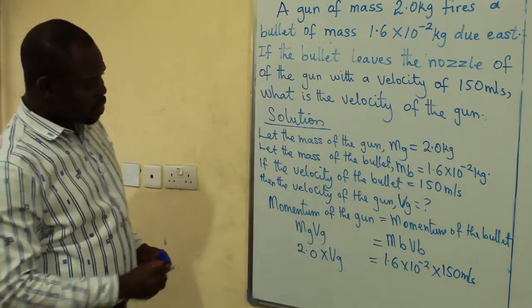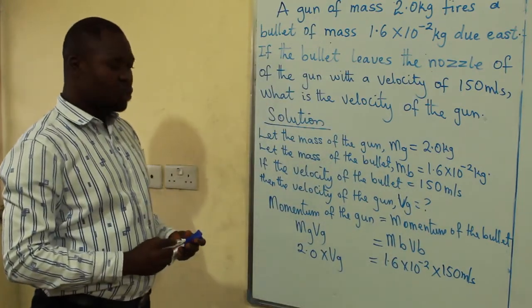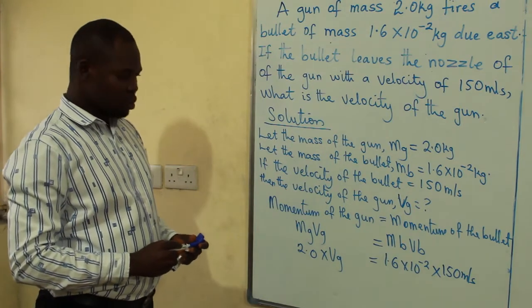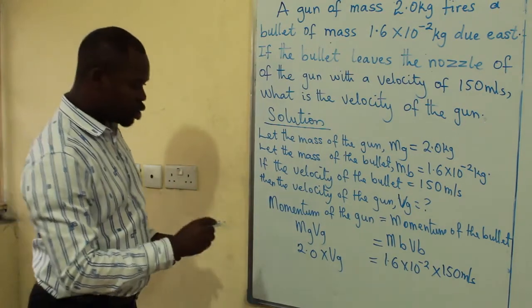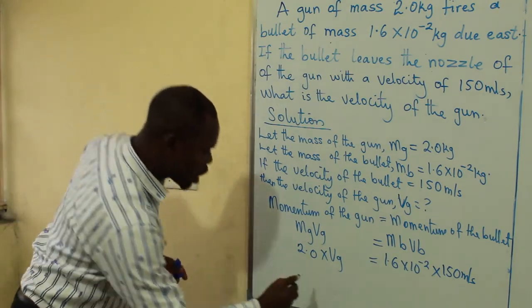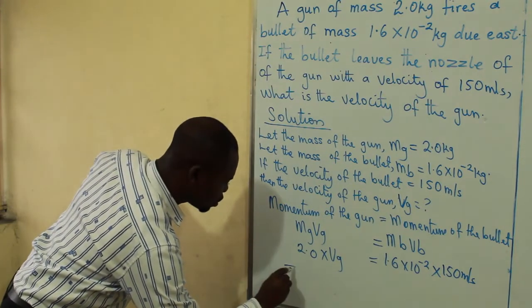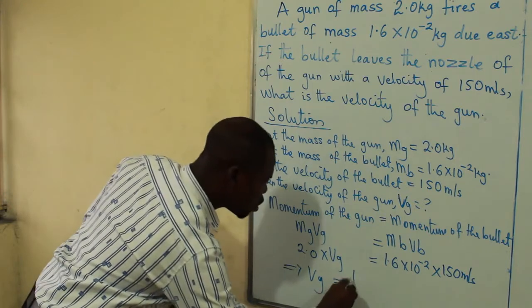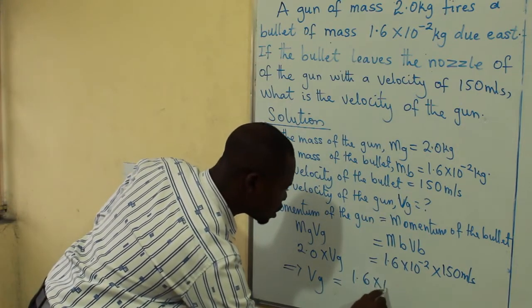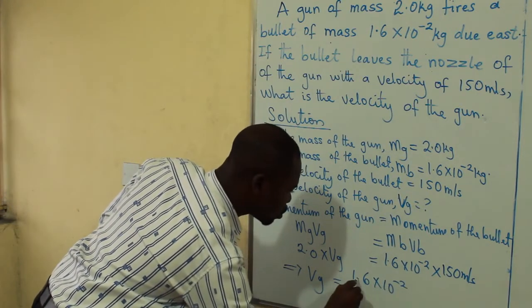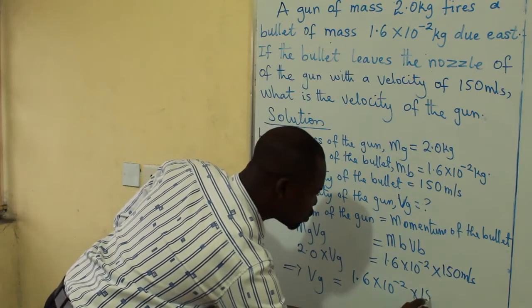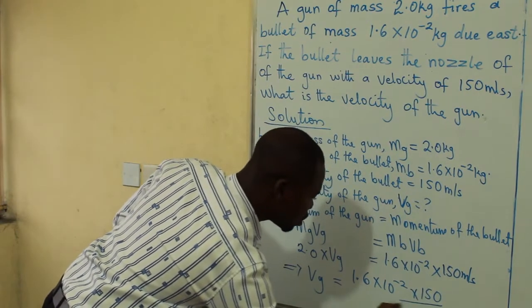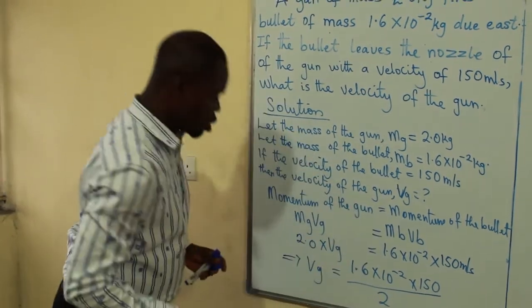If you make the velocity of the gun the subject of the equation, we have Vg equals 1.6 times 10 raised to power minus 2 times 150 all over 2.